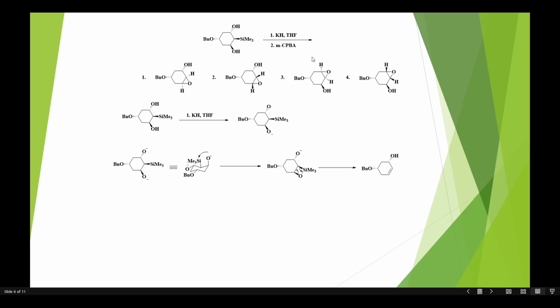We have mCPBA, metachloroperbenzoic acid. That's why it will selectively form the epoxidation from the same side of our hydroxy group because of hydrogen bonding of the mCPBA in the transition state with our allylic alcohol. Yes or no?